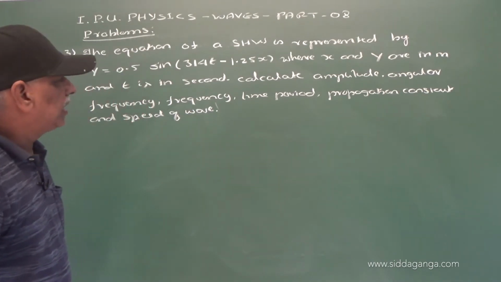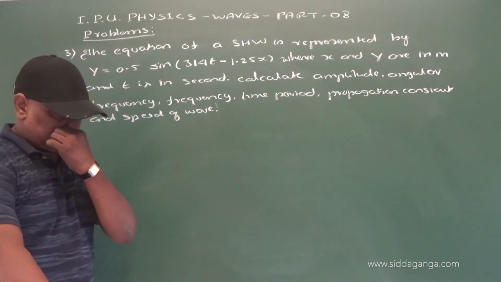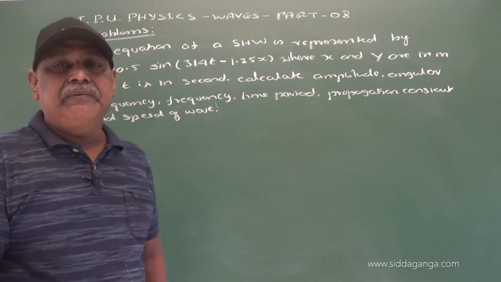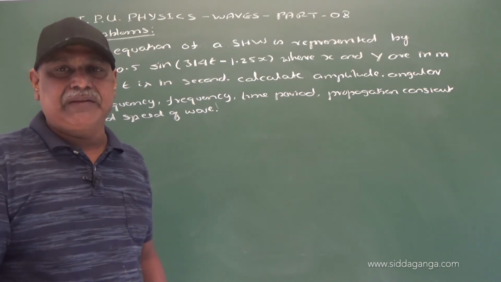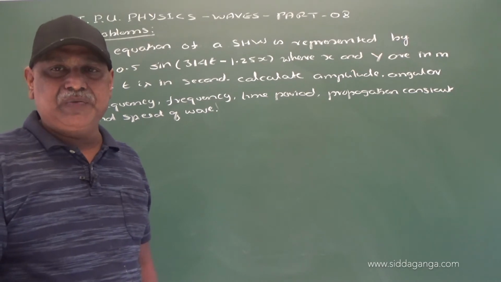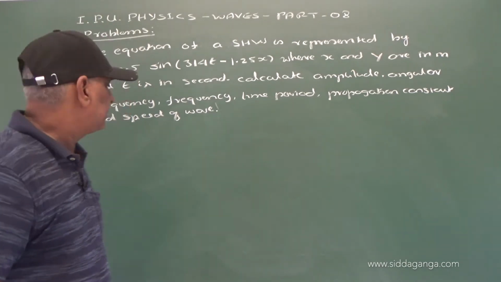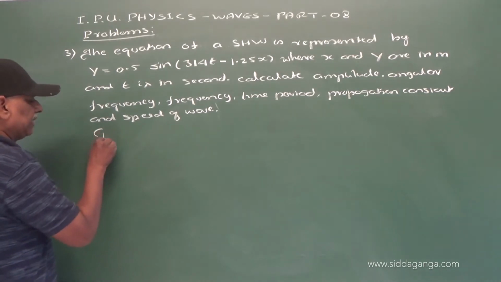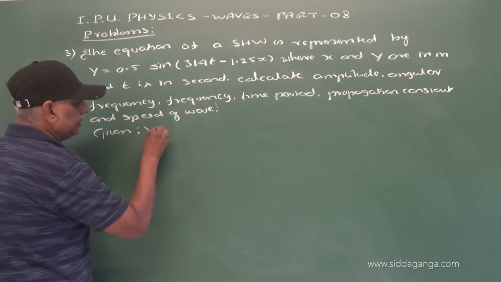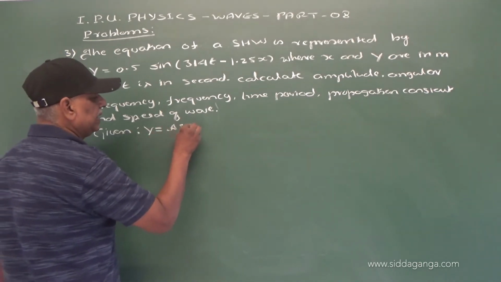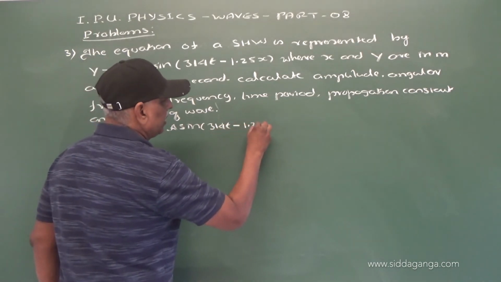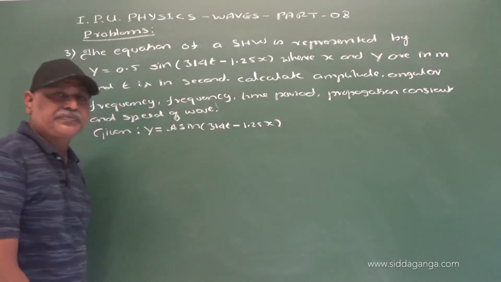Right? Now, in this problem, we have given a wave which is represented by a wave equation, given in the problem, and we need to find the wave parameters. Now we have given y is equal to a sine (314t minus 1.25x).